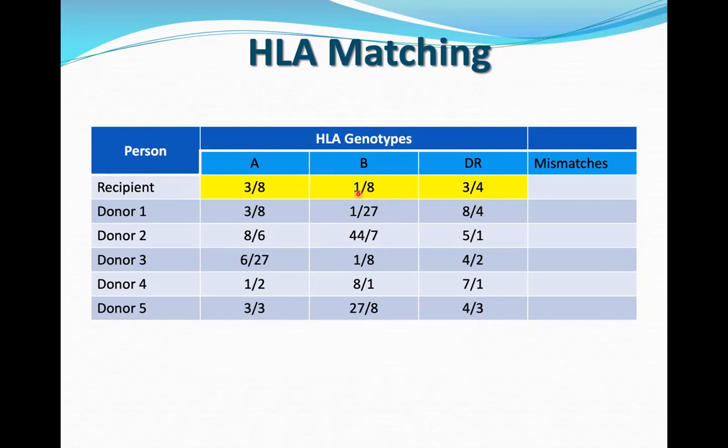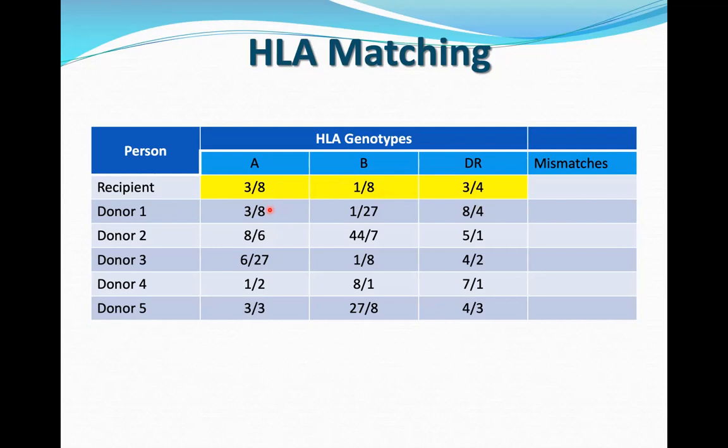So in this first one, we are looking at 3/8, 1/8, 3/4 against the first donor, right? We see that in HLA-A, that is identical. There are no differences, right?